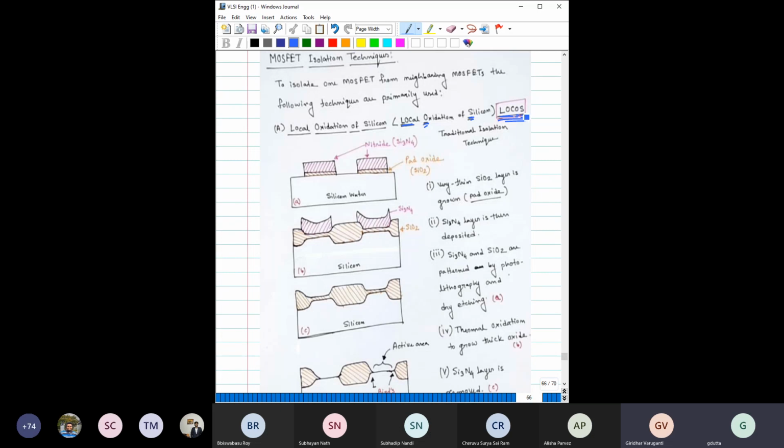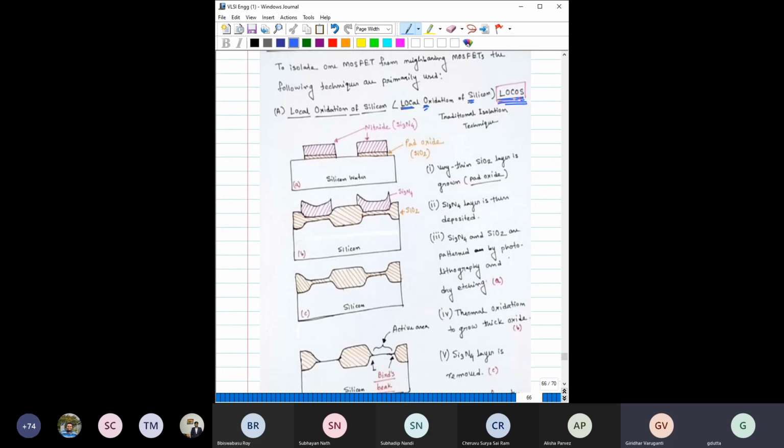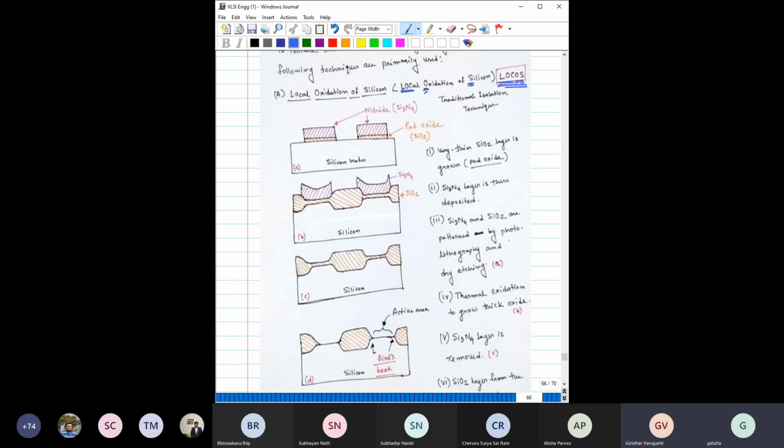First let us discuss what LOCOS is, how you isolate. Once we understand that, you will see what the self-aligned MOSFET fabrication process is. It is pretty easy.